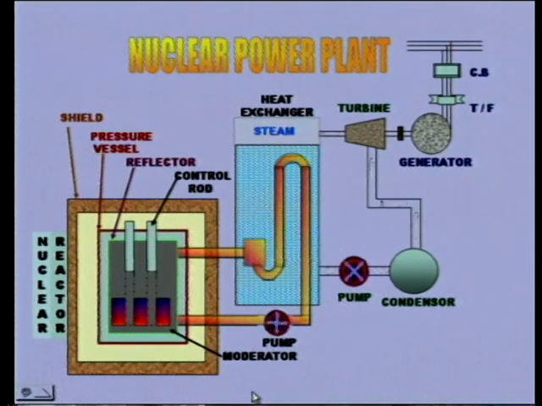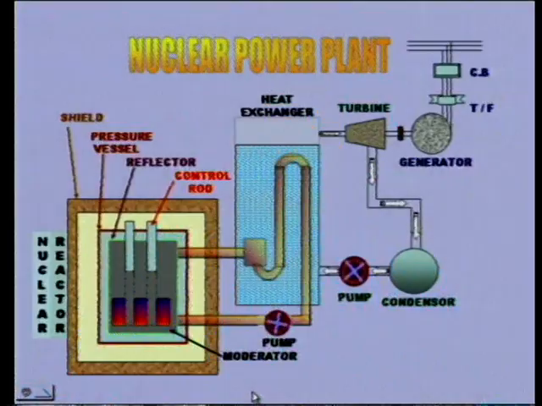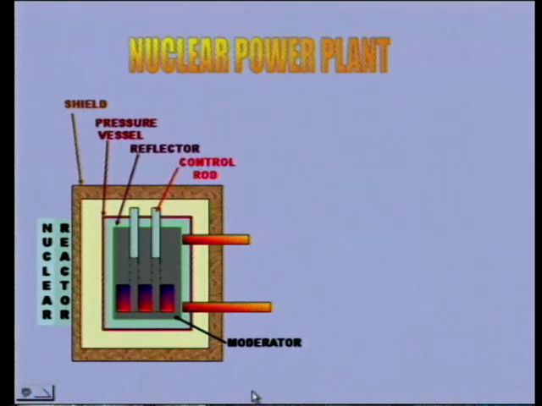First of all, let us talk about the control rods. What does the name indicate? Control rods means it is controlling. What is it controlling? It is controlling the chain reactions that produce the heat energy.